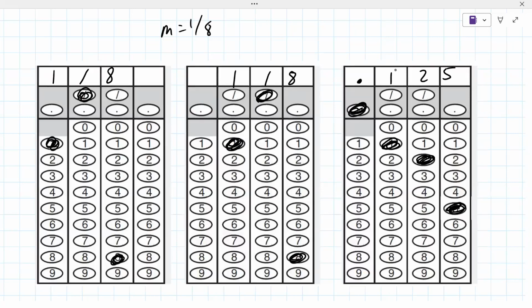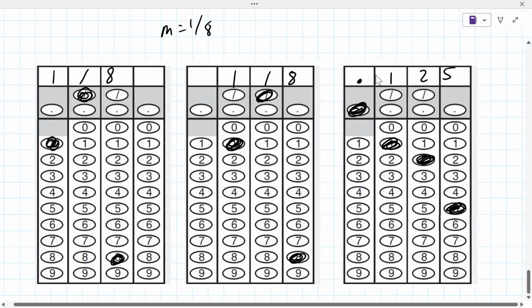Don't overthink it. Just do whatever you think works. But if your answer doesn't fit in the grid, that's a problem.